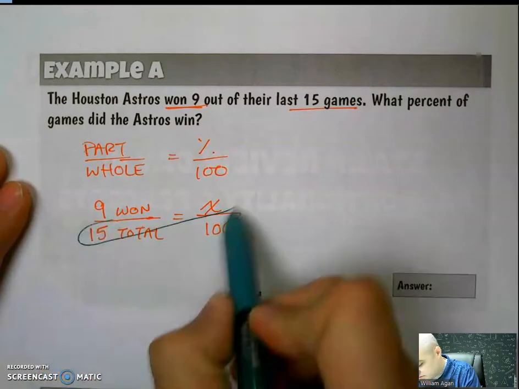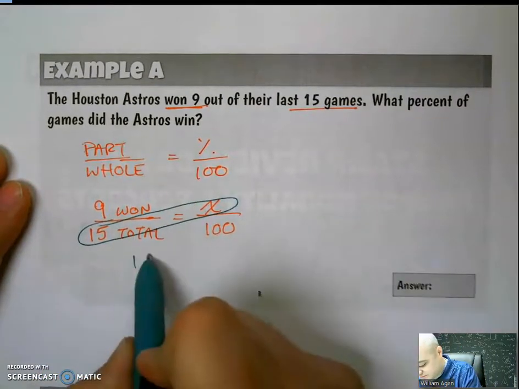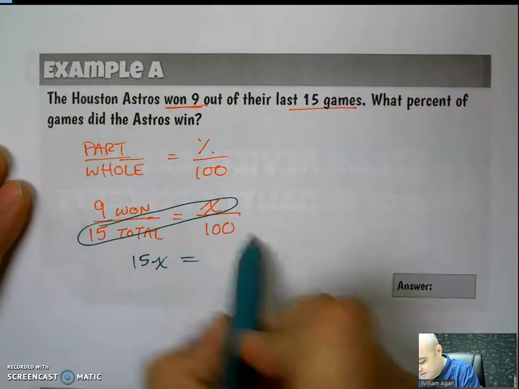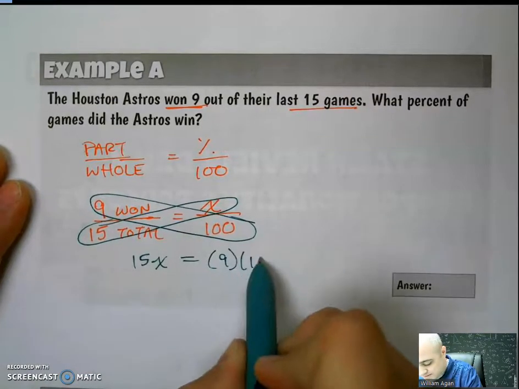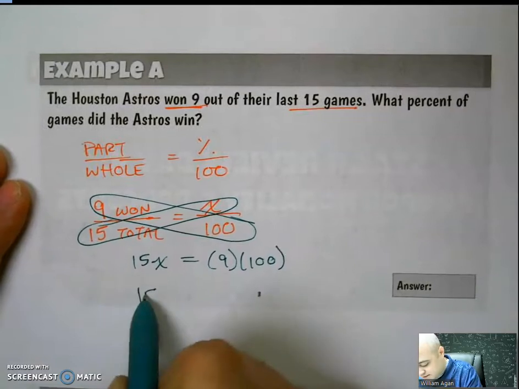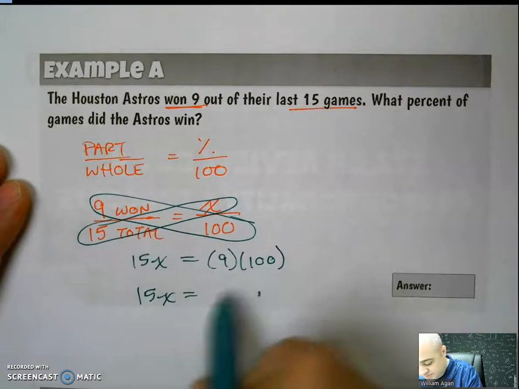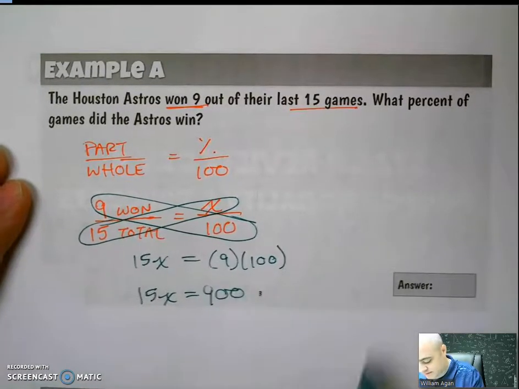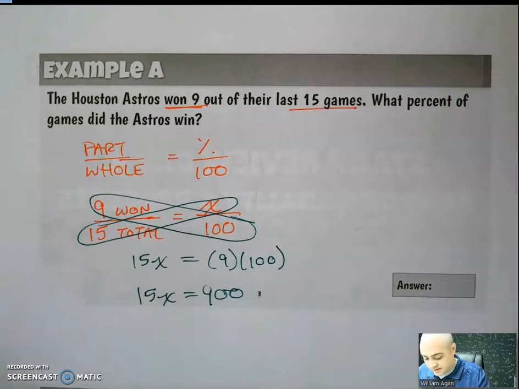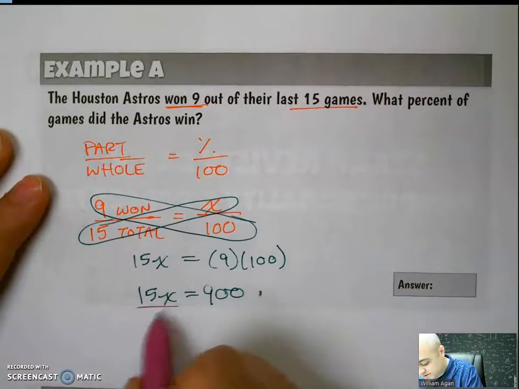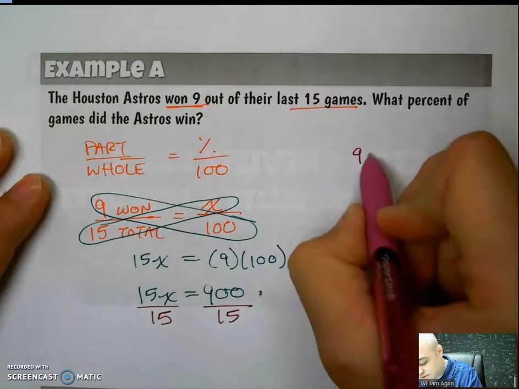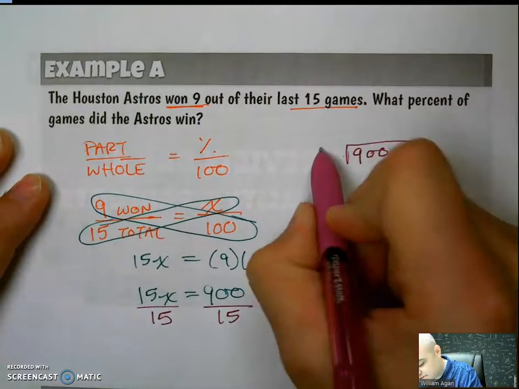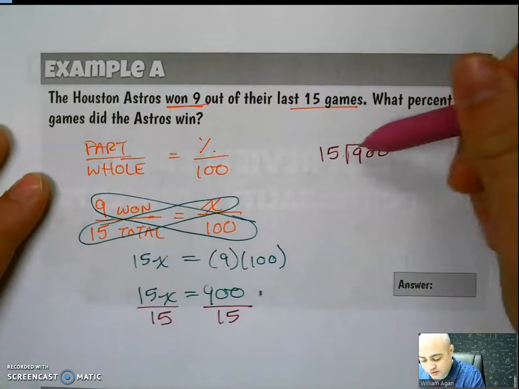So now all we have to do is solve. I have 15 times X is 15X, and that equals 9 times 100. So 15X equals 900. Now I need to divide both sides by 15. So I have 900 divided by 15. 15 will not go into 9.